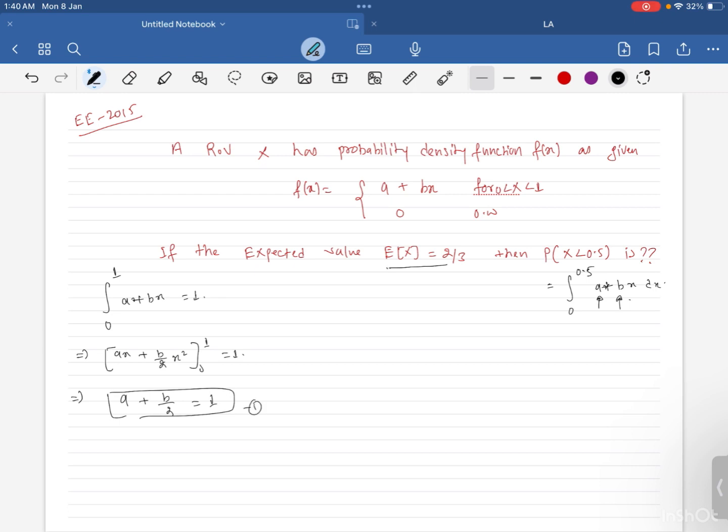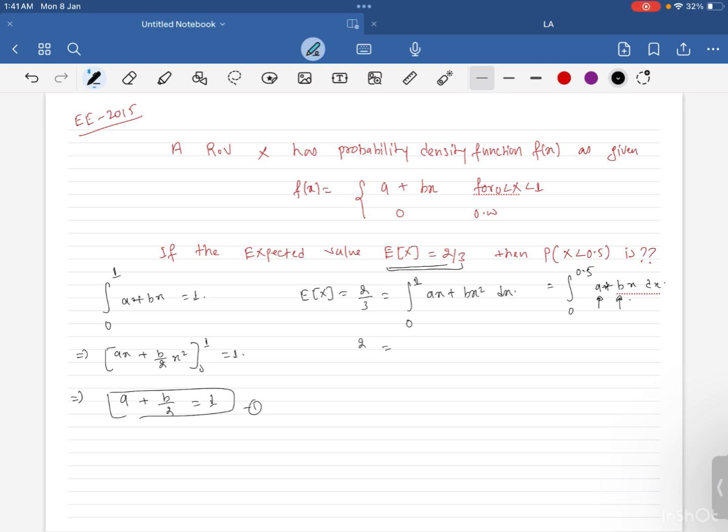Then we can use the expected value of x, that is 2 by 3, equal to the integral from 0 to 1 of ax plus bx square dx.